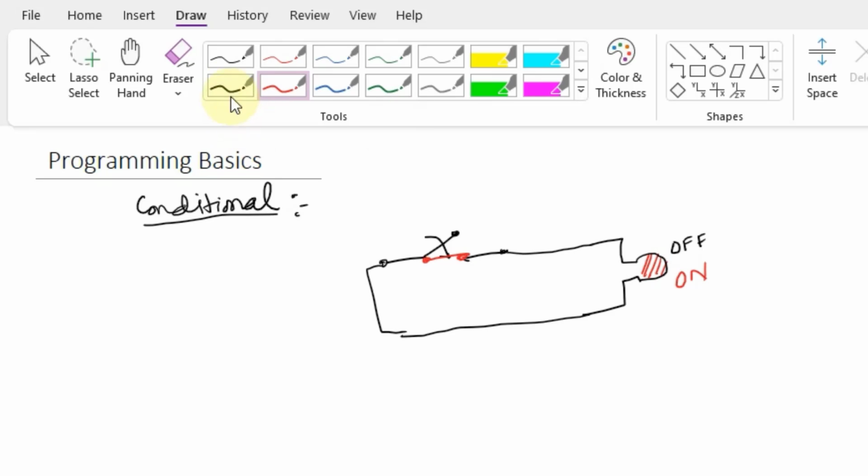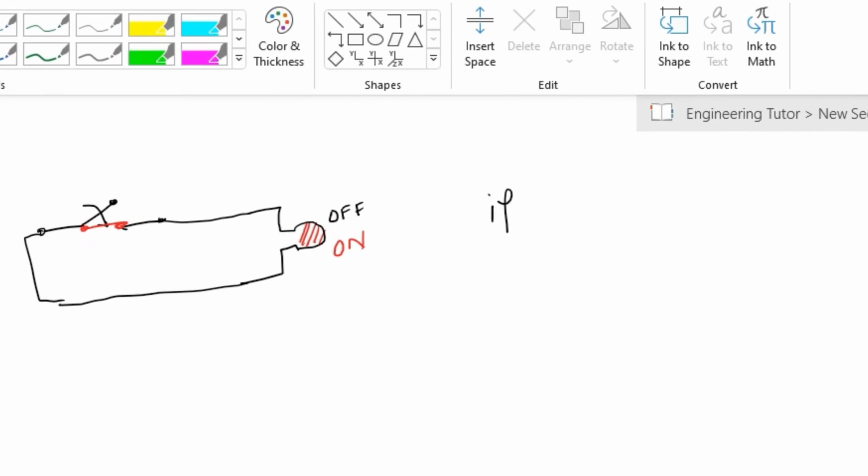Okay, so what has happened? Let me write it in the conditional form: if this means the switch is off, so the light is off. Okay, so it is related to the condition of the switch. Similarly, if the switch is in this condition, what will happen?